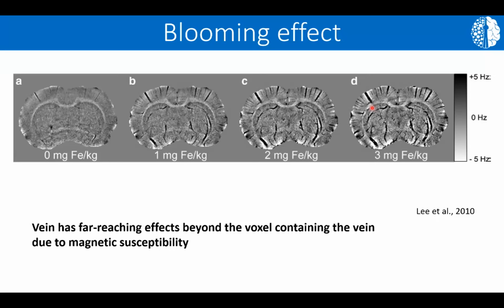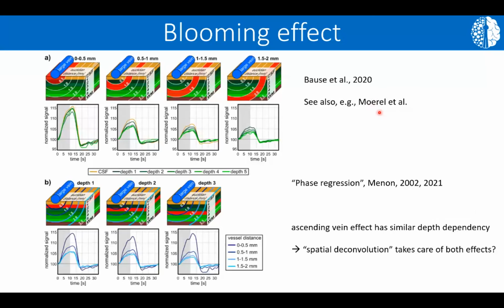And this is the blooming effect, which says a blood vessel can have effects not only in the voxel where it is located, but also in neighboring voxels. There have been many studies on this. This figure is from Klaus Scheffler's group, but there are also studies from Michel Morel and others, where they looked at how large the activation is as a function of distance from the vein.